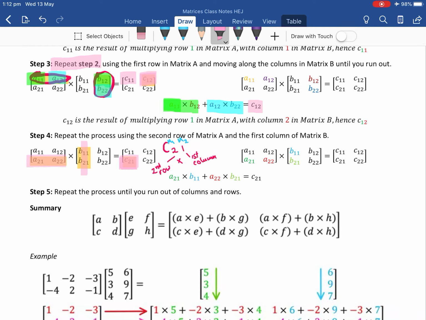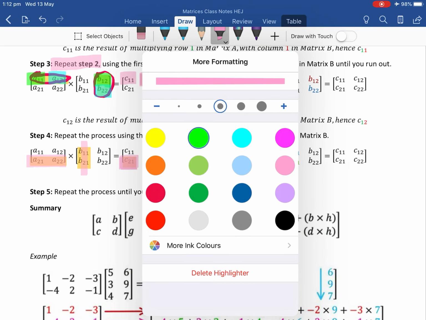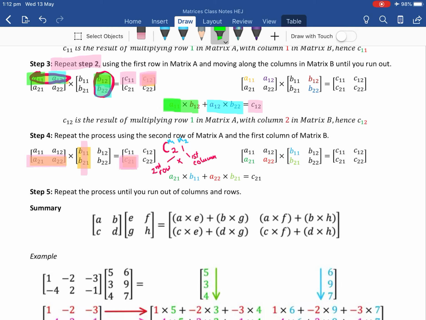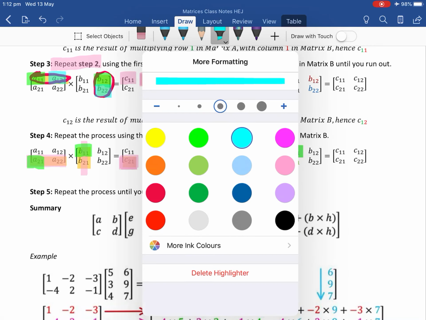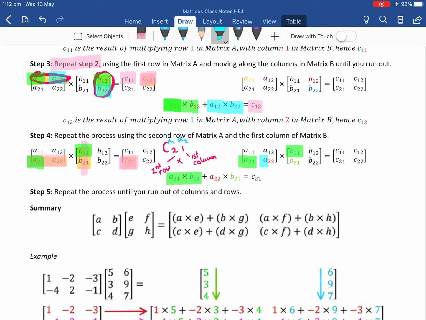So we've got A21 times B11, these ones here. And then we add the multiplication of the second one and the one underneath. Once you add your answers together, you get that other element.